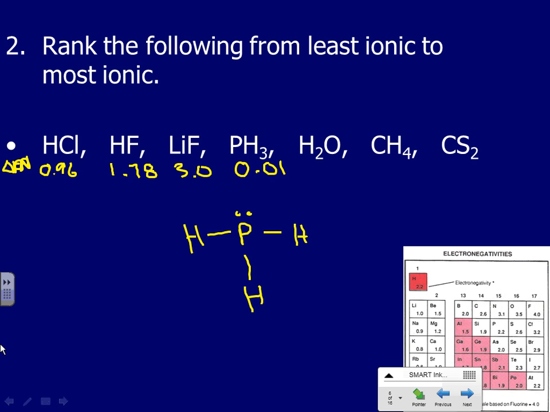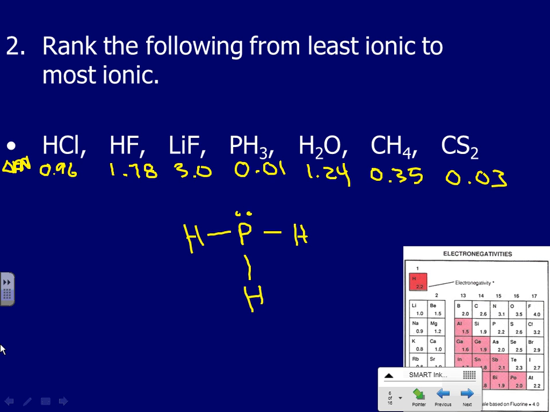H2O, yep. 1.24. And the CH bond in CH4, yep. 0.35. And the CS bond, yep. 0.03. Again, do check across from each other, right? Make sure we haven't made any mistakes.